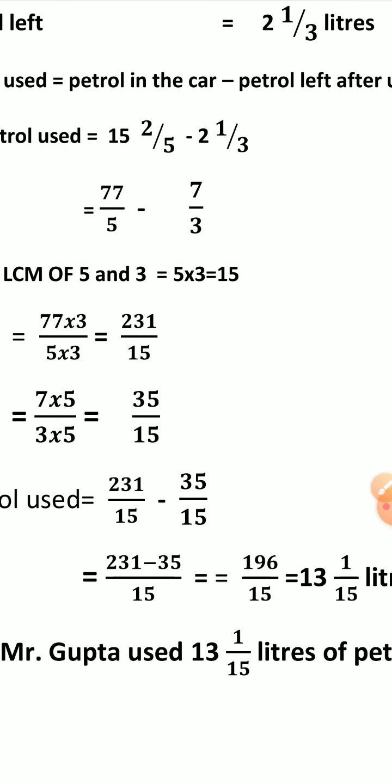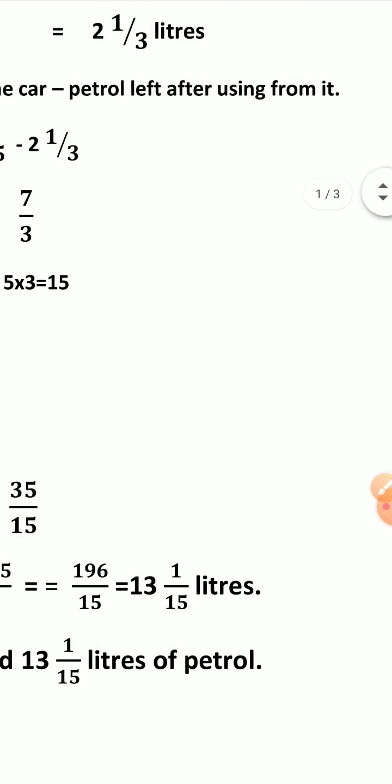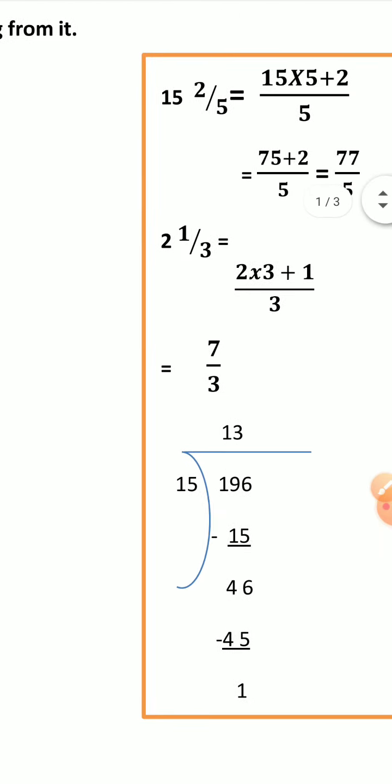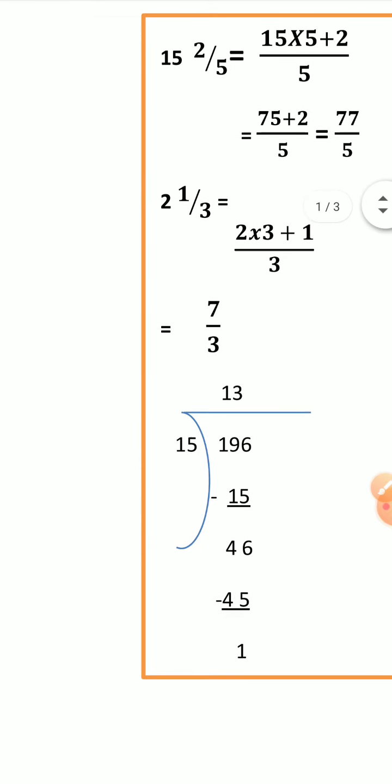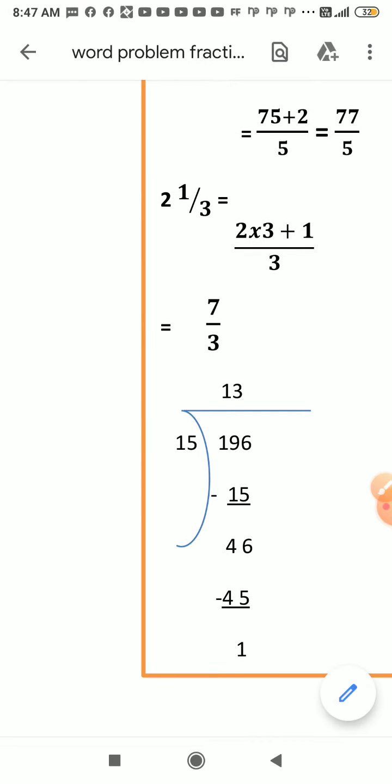Now this is an improper fraction, and to convert this improper fraction into a mixed number we have to divide it. So we divide on the rough side. 15 1s are 15 and 19 minus 15 is 4. Just below, note down 6, and 15 3s are 45 and the remainder is 1.